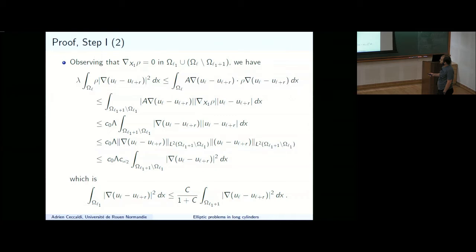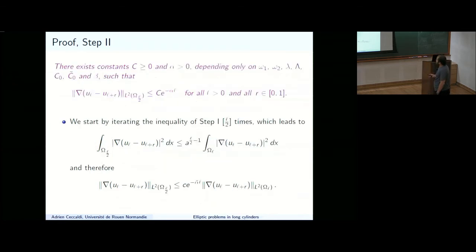Since rho is 0 outside, we will have this bound, so we have omega L1 here. And so we have 1 plus the constant here, and we divide, so we have this constant minus, divided by this constant plus 1, so here.